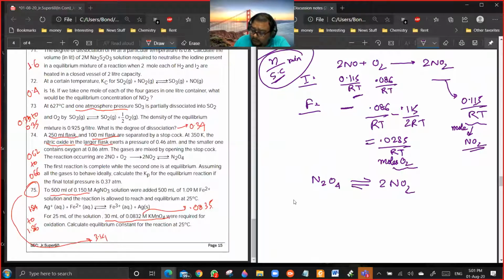total pressure. Okay, so let us say that initially I am having 0.115 by RT moles of this, and this is 0. At equilibrium, let us say, yes, what are you saying?